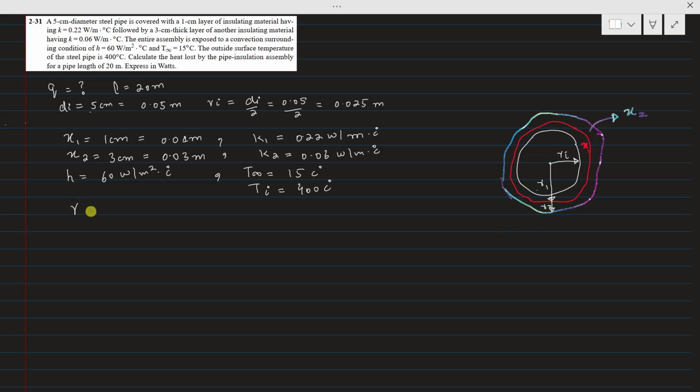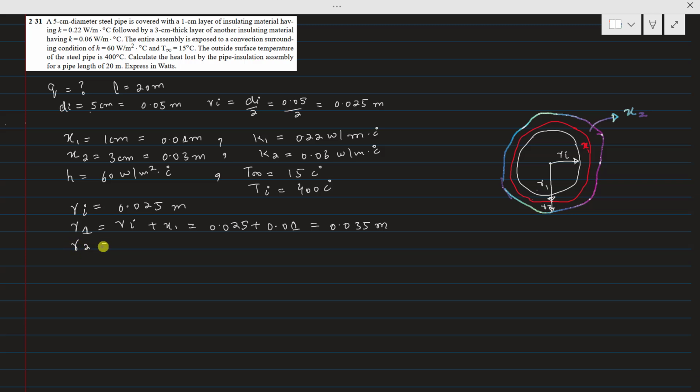So this Ri is equal to 0.025 meter. This R1 is equal to Ri plus the thickness of the first insulation, x1. That is equal to 0.025 plus 0.01, so it becomes 0.035 meter.